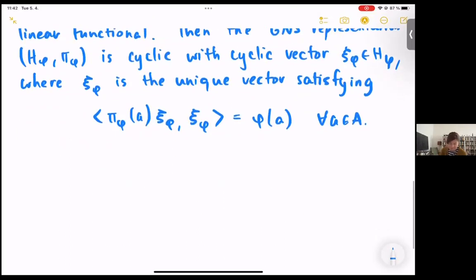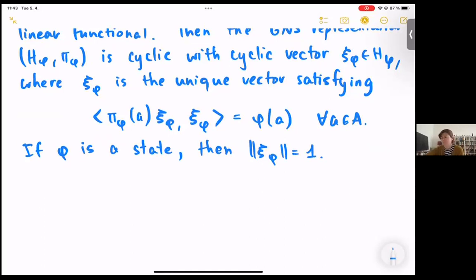And moreover, if phi happens to be a state, so phi itself has norm 1, then so does this cyclic vector.